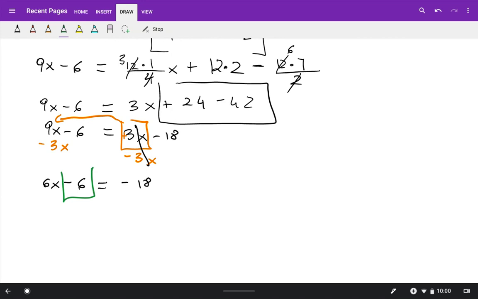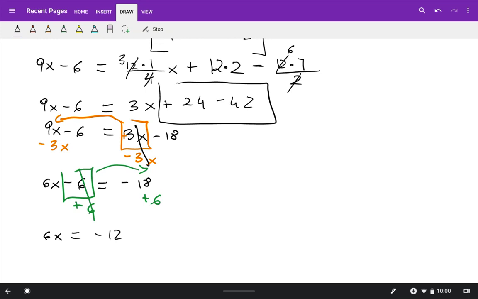Next, negative 6 has to be moved to the right side. Since it's negative, I'm adding 6 to both sides. This one cancels, and we end up with 6x equal negative 18 plus 6. That will give us negative 12.